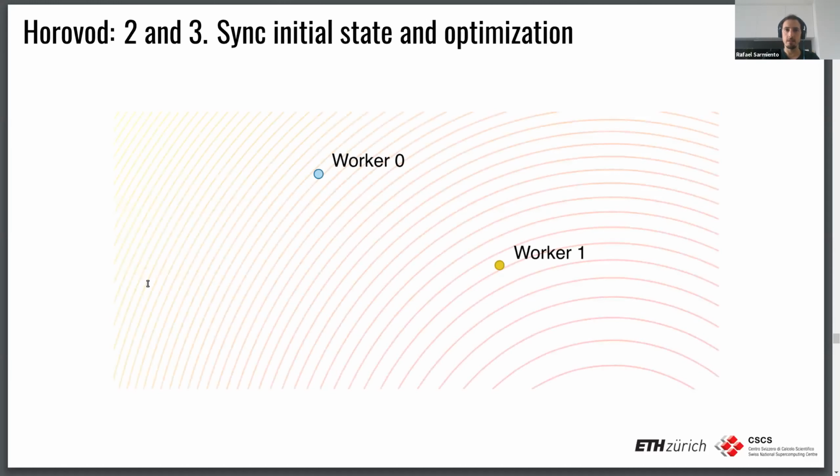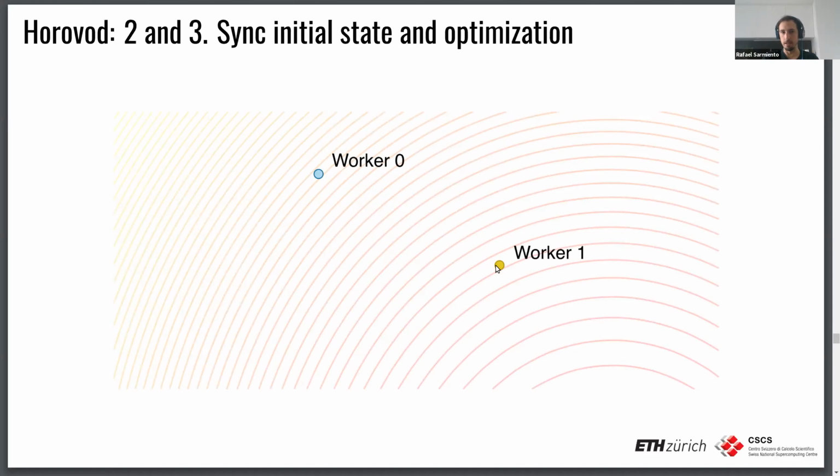The next 2 things are the initial synchronization that I talked about at the beginning, and the optimization. The initial synchronization, as I said before, is when you start the 2 replicas, the 2 models in the different GPUs or nodes. They will be initialized with random weights, so in the loss function they will start in different places, and you don't want that.